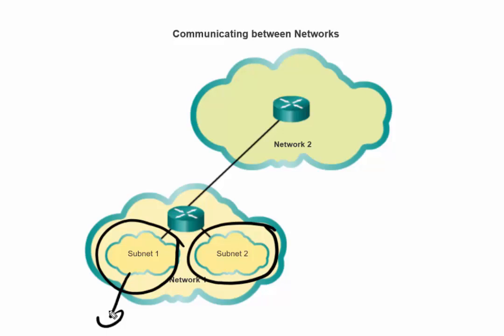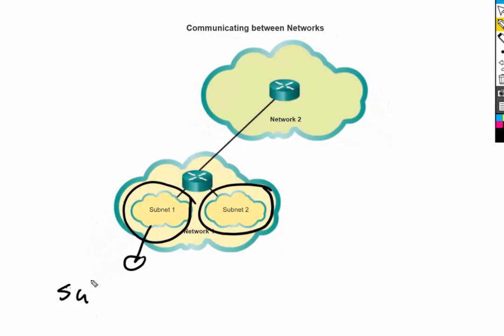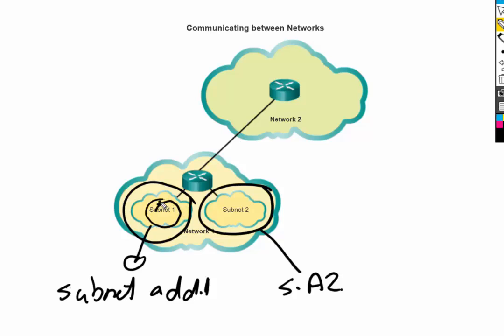Each of these subnetworks will have a separate, what we call subnet address. So subnet address 1, subnet address 2, and so on. So each of these subnets can now be segmented and isolated from each other, so that the communication between the devices inside the subnet will not actually go through the other subnet.